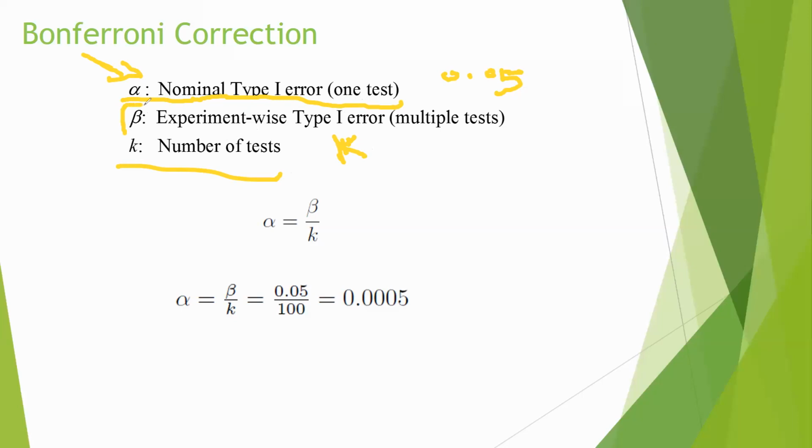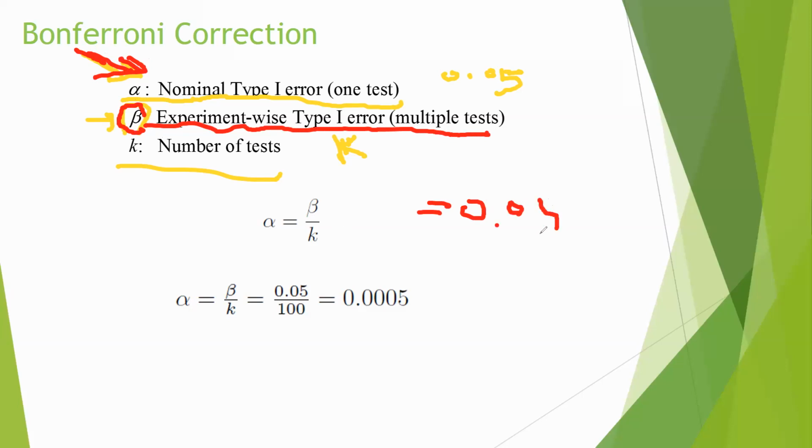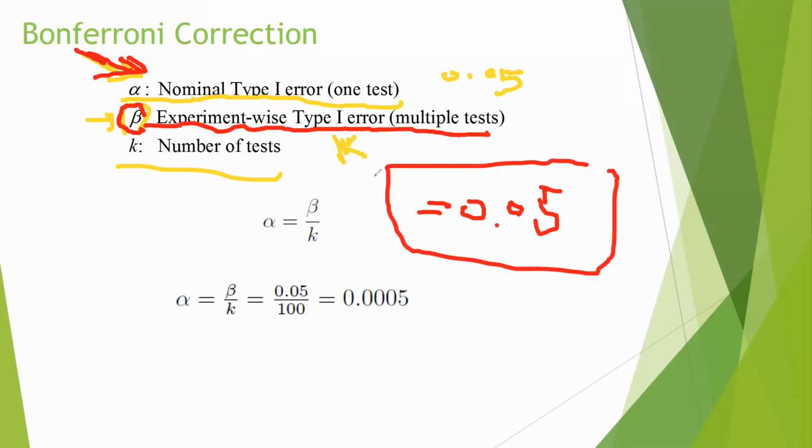Here beta is actually not the type 2 error. We use beta here as the experiment-wise or family-wise type 1 error. To what extent, if we reduce this alpha, can we achieve beta equal to 0.05? We want the family-wise type 1 error to equal 0.05. So how can we find the proper cutoff for alpha for each single test?